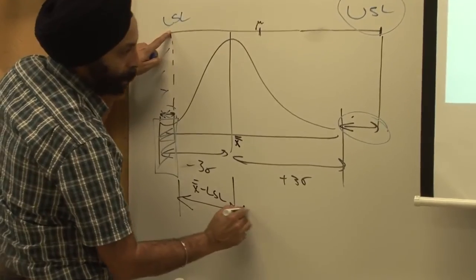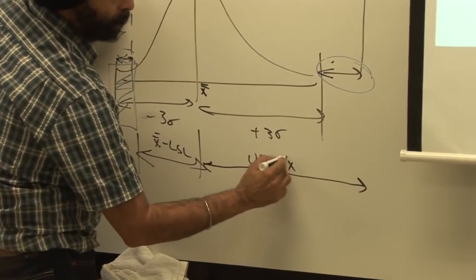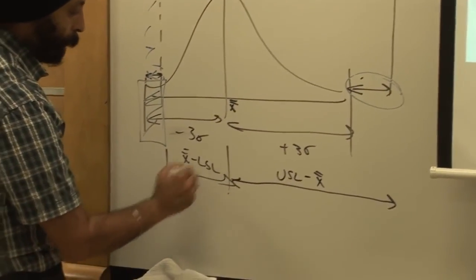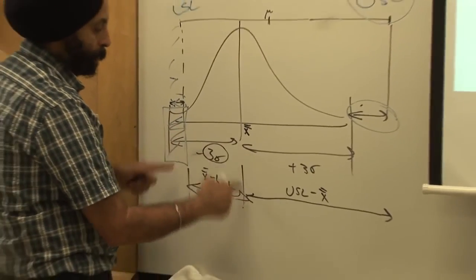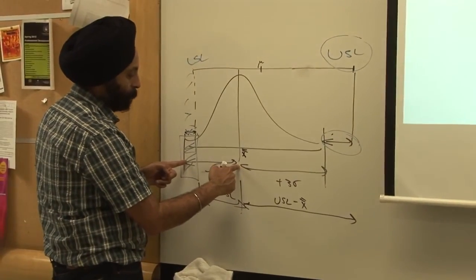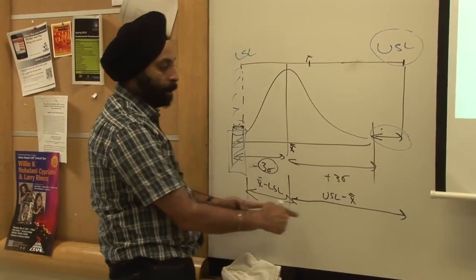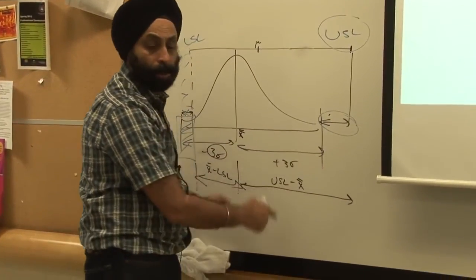And the second part is USL minus x bar bar. What I'm trying to see is how this compares to the 3 sigma over here. Which one is bigger? It seems like the 3 sigma over here is bigger, so that is going to be not capable on this side. Whereas this one is definitely larger than the 3 sigma, so that is going to be capable.